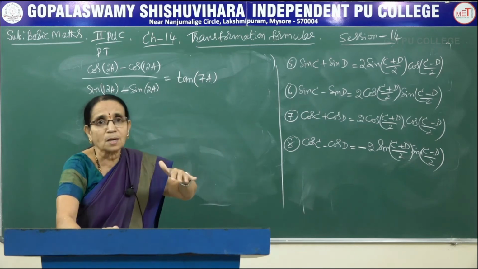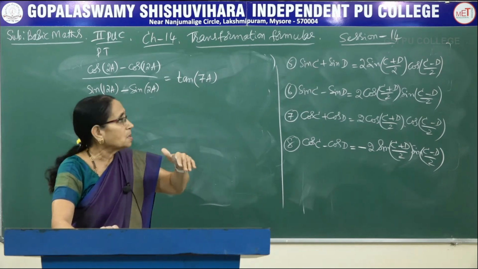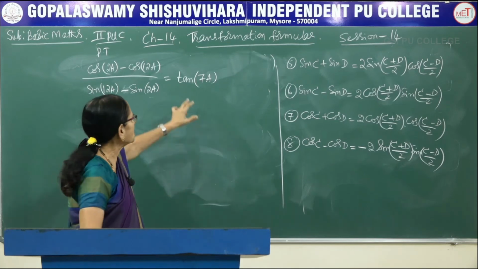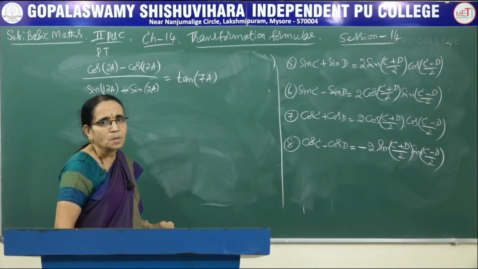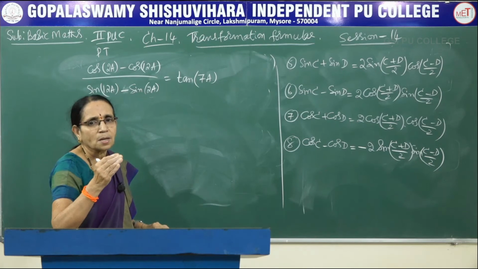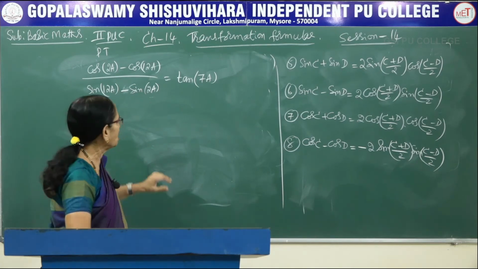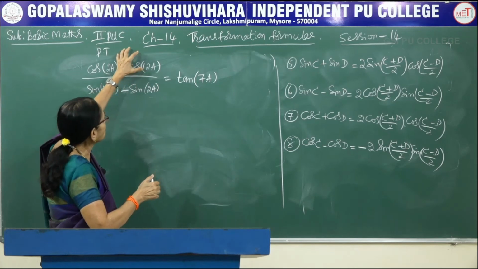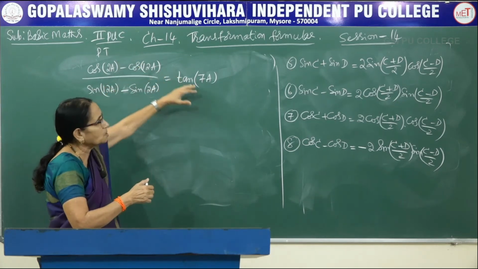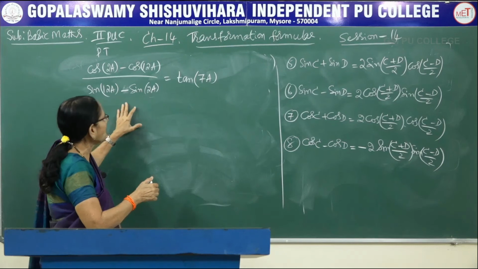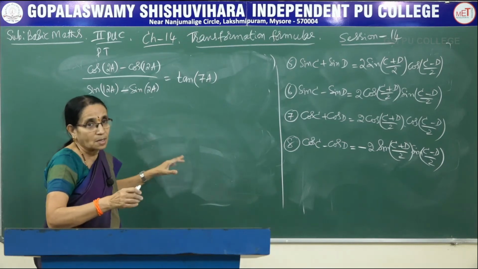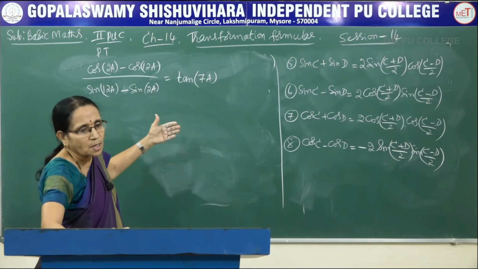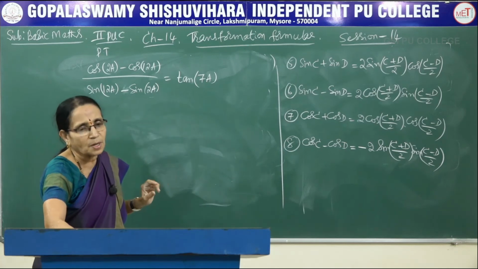Proving a result is easier than the other type of problems. Tan of 7a you have to get. You know that tan theta is sin theta by cos theta, correct? Therefore, somehow we have to get sin of 7a divided by cos of 7a. If you can get that, then only you will be getting the final answer, tan of 7a.